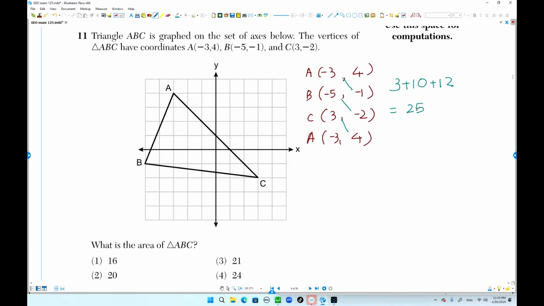Okay. And the other side, I'm going to use a different color. The other side, this way, this way, this way, right? 4 times negative 5 is negative 20. Negative 1 times 3 is what? Negative 3. Negative 2 times negative 3 is positive 6. How about this one? Negative 17, right? I'm sorry, negative 17.